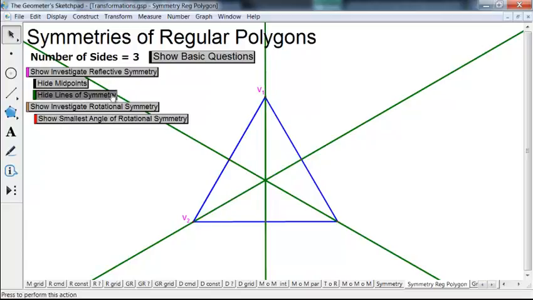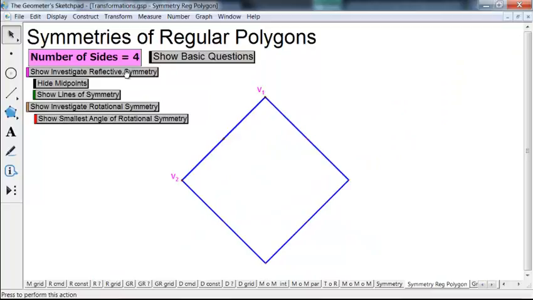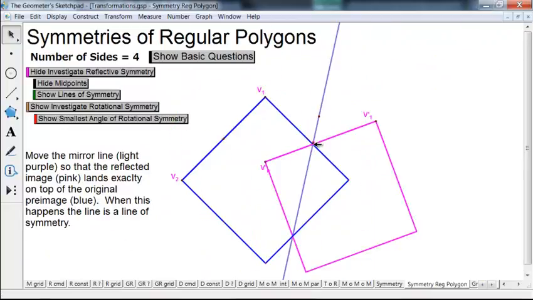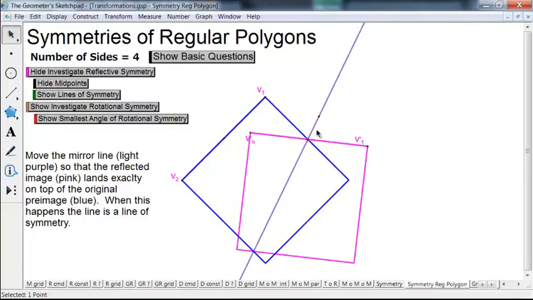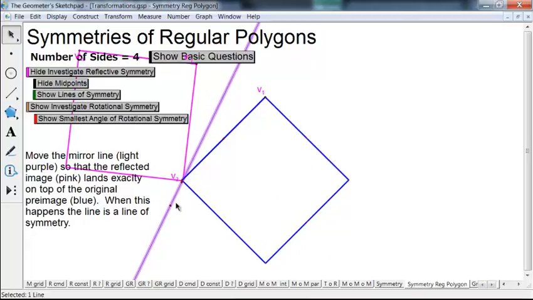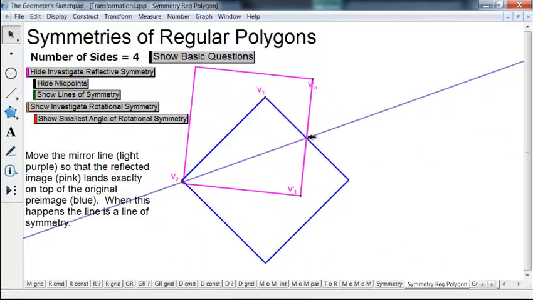So what if we increase the sides? So we make a square, a regular quadrilateral, a 4-sided polygon. Again, where do I have to put this? Can I go through with the triangle? We went through a vertex and the midpoint of the opposite side.